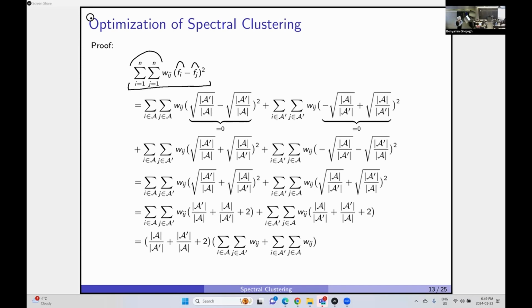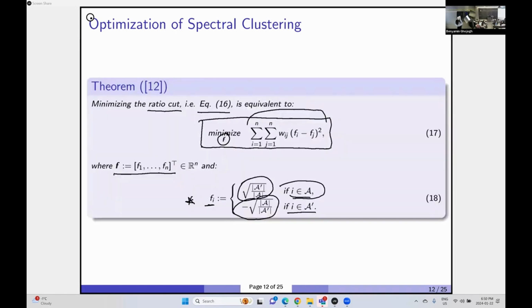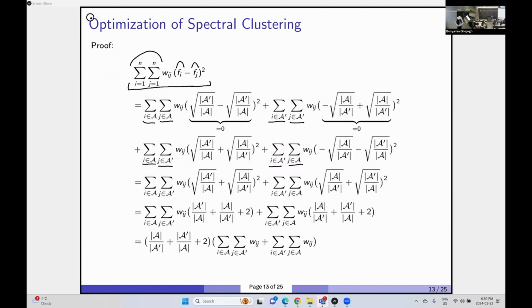Do you agree that i can be in A and j in A prime, i in A prime and j in A, i in A and j in A, and i in A prime and j in A prime? Four cases, right? Now, according to this definition and these conditions, I replace fi and fj, so I will have this. In two of them, this will be 0.